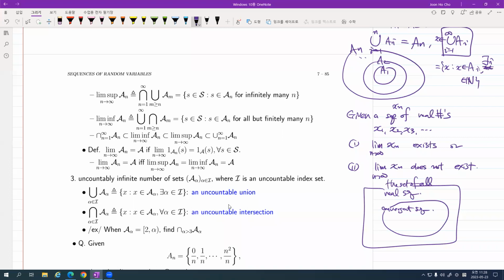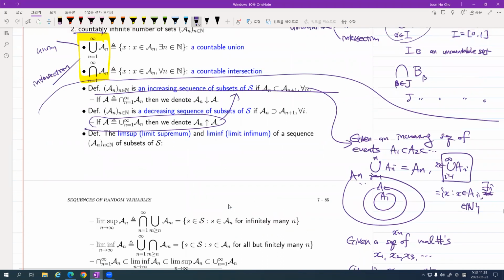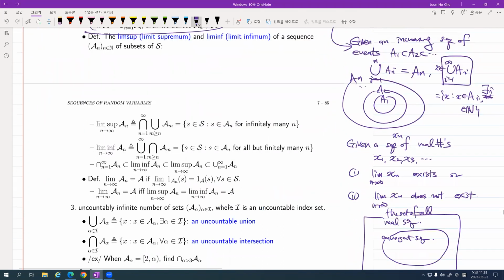The problem is that there are other sequences that do not converge but have very interesting properties. So they define the notion of lim sup or lim inf over a sequence of real numbers.